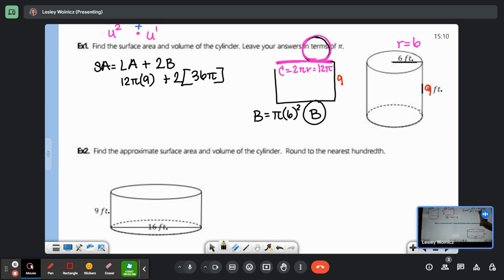All right, so what's 12 times 9? Okay, 108 pi plus 2 times 36 is 72 pi. Add those together, what do we get? Okay, 180 pi. What kind of units?